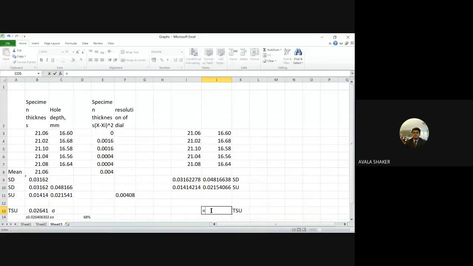So this will be equal to the square root of the square of this, plus this, plus 2 times the dial error, which I have copied here. It's that.